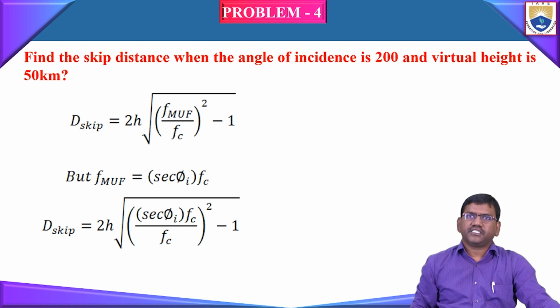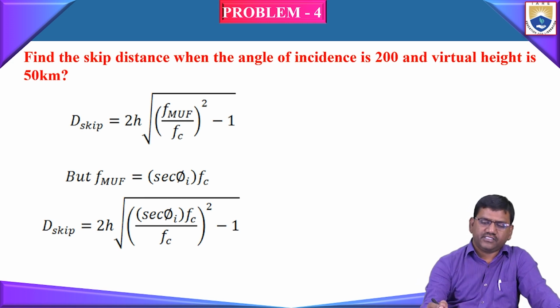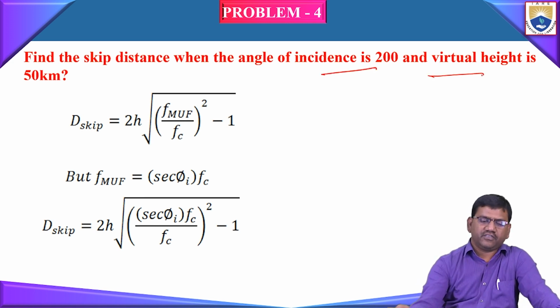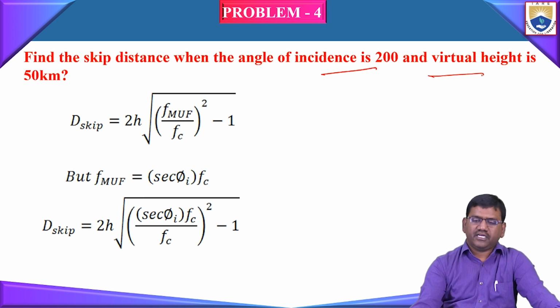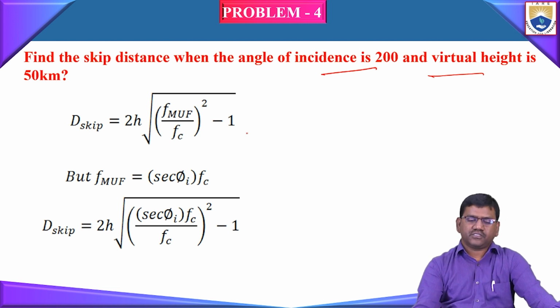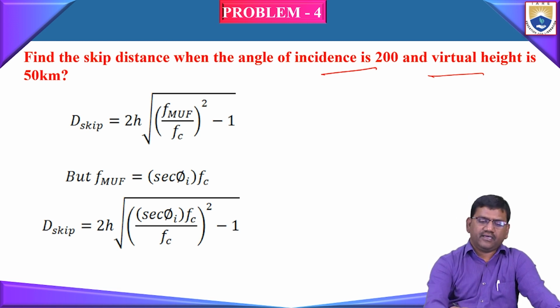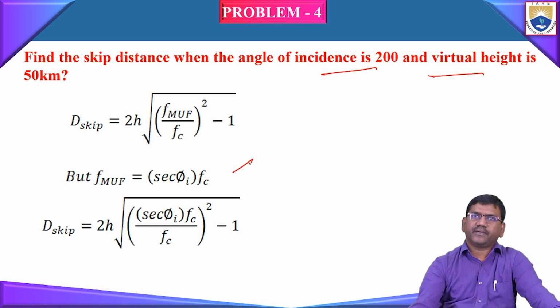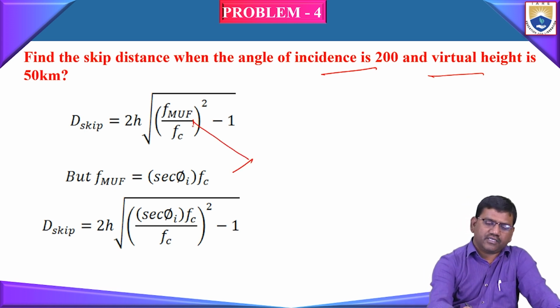Find the skip distance when the angle of incidence is 20 degrees and the virtual height is 50 kilometers. We need to calculate the value of skip distance. We know that d skip is equal to 2h into the root of (f MUF by fc) whole square minus 1, but f MUF is equal to secant phi i into fc. So we can substitute this f MUF value in the numerator.